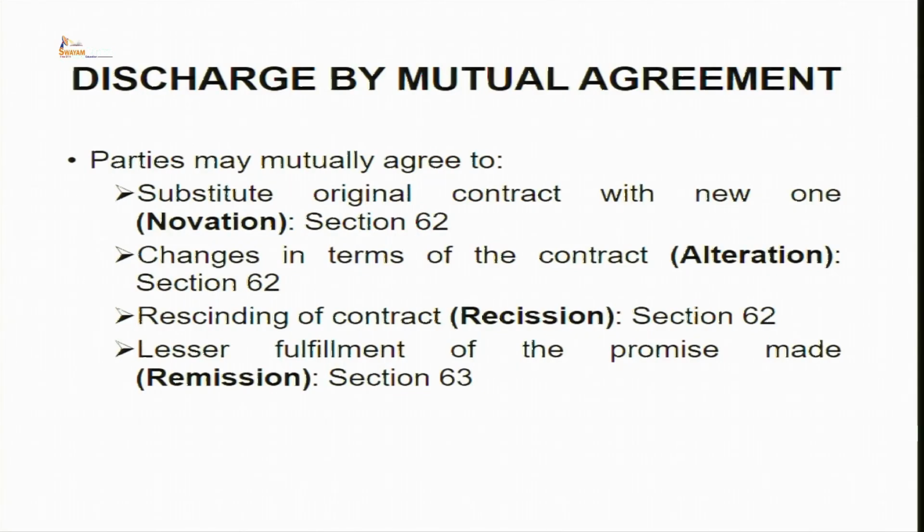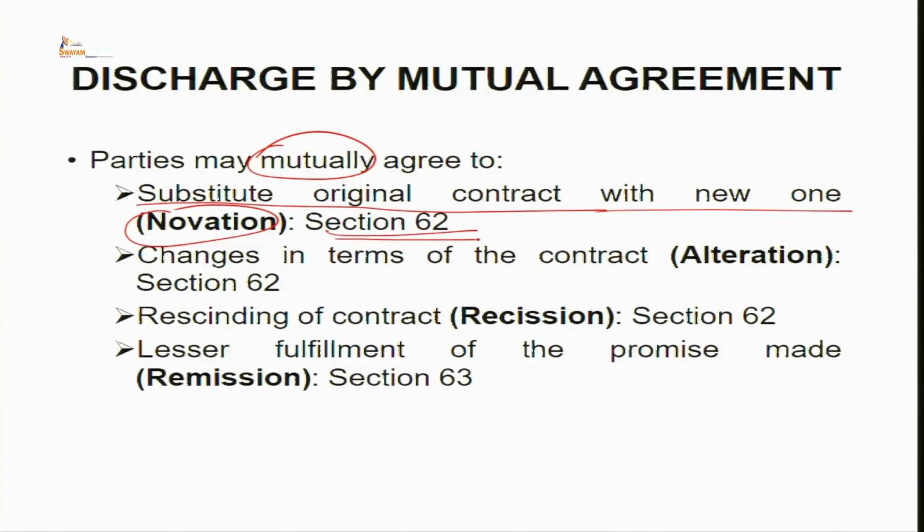It says parties may mutually agree to. The moment we say mutual, it means that both the parties have collectively decided to act in a particular manner. So parties may mutually agree to, firstly, substitute the original contract with a new one. That is, one of the parties to the contract may be replaced by some other party.